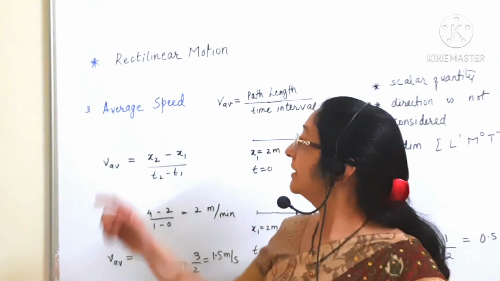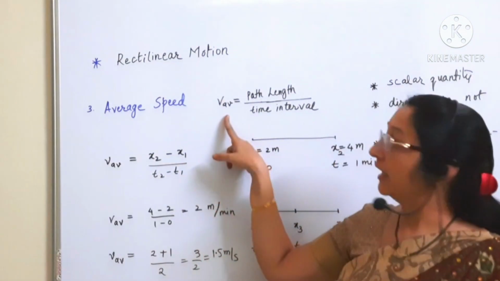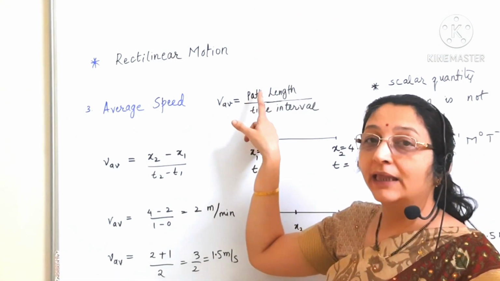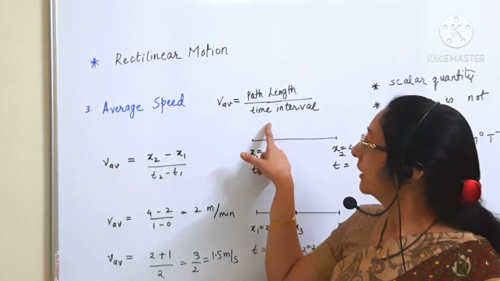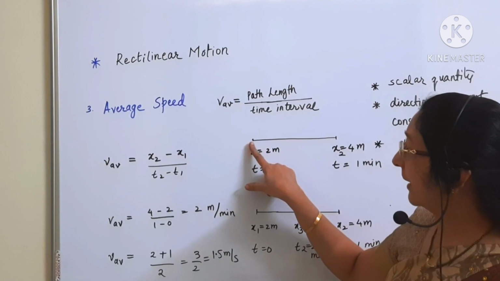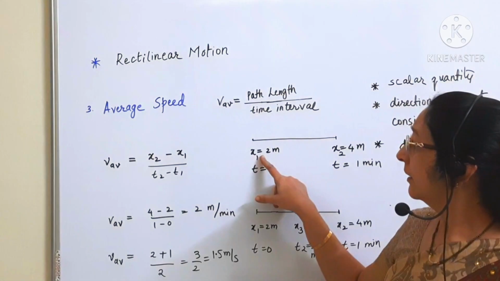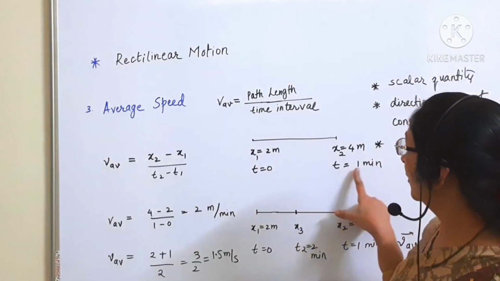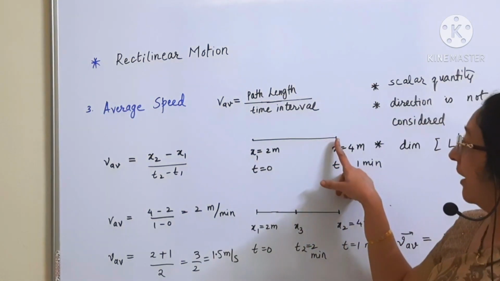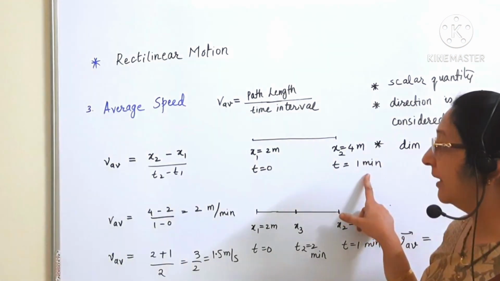The next is the average speed. Average speed, V average, is the ratio of the path length to the time interval. Supposing a particle is at point x1, which is 2 meters, at time t equal to 0, and after 1 minute the particle travels from x1 to x2, that is, it comes to 4 meters in 1 minute.